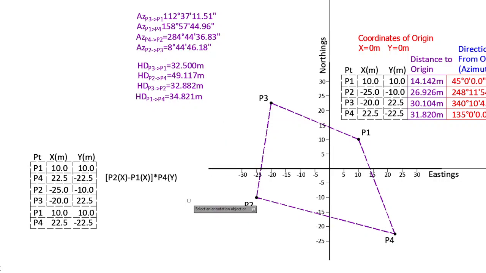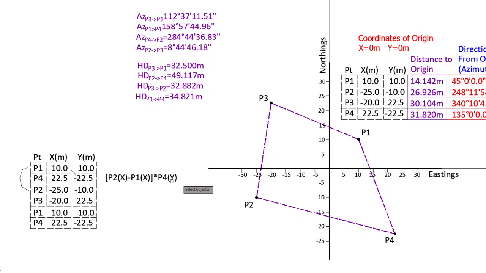So it is pretty much the x coordinate of P2 minus the x coordinate of P1, and then that result is multiplied by the y coordinate of P4. And then you have the formula there.